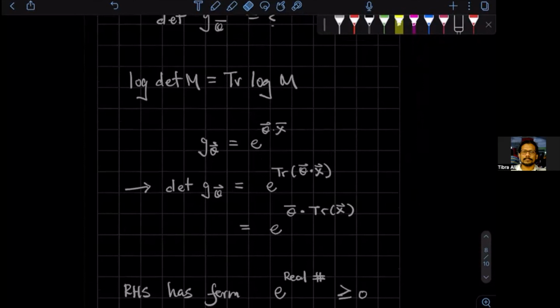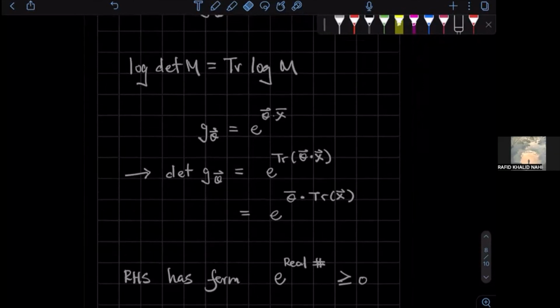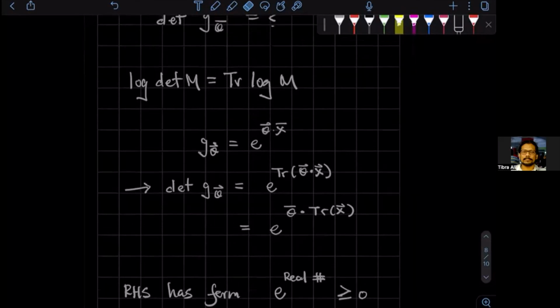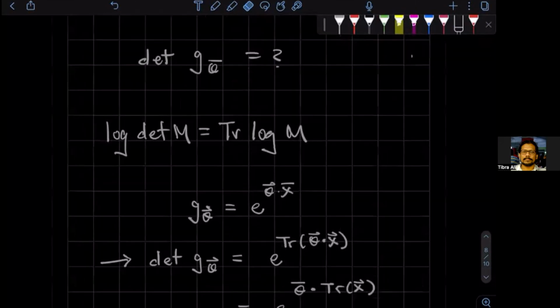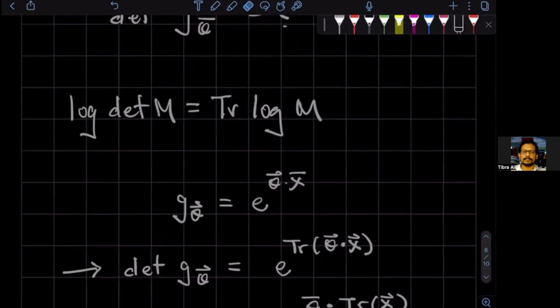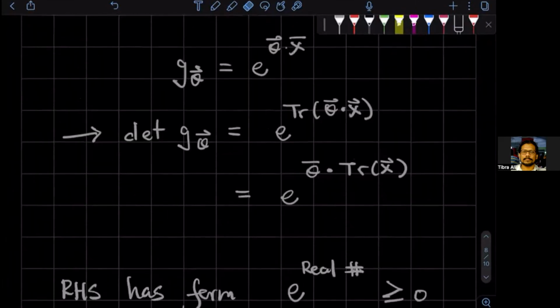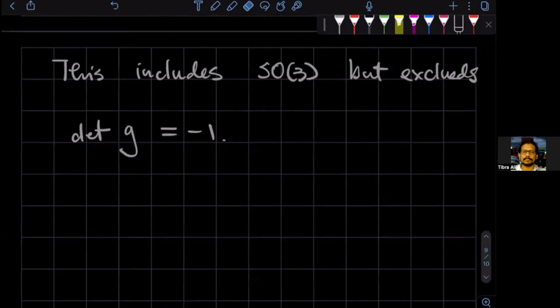All right. Sir, I had a confusion. Could you say how the theta was brought outside the trace? Right. So the theta, because trace is just a linear thing, right? If I look at theta dot x, it's essentially theta i x i, right? So these are numbers, but these are matrices.